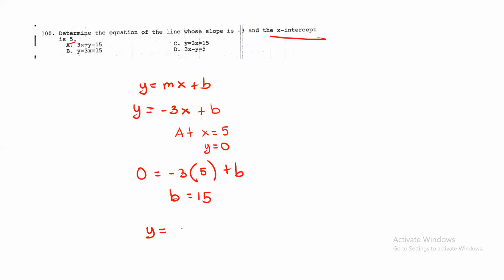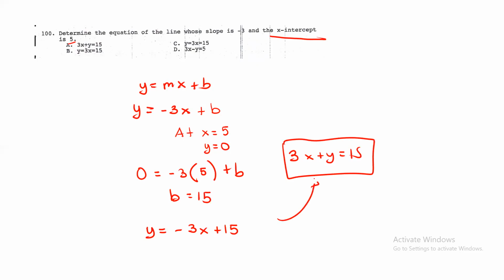So, y is equals to negative 3x plus 15. So, itong sagot. So, magiging 3x. Kung i-arrange natin, 3x plus y is equals to 15. So, ito na yung sagot. The answer is letter A. 3x plus y is equals to 15.